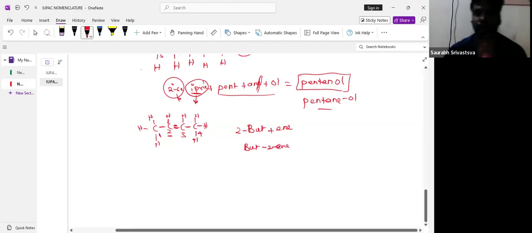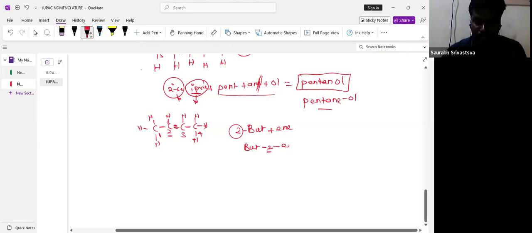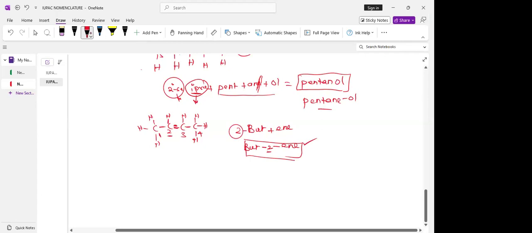That's it. Or you can mention the number either before or after. The 2 means what? The ENE means a double bond, and where it is present, you have to tell that it is present at the second carbon. That's why we are writing the number 2. But-2-ene. This is the formula. Clear, sir? Yes, sir. Understand?